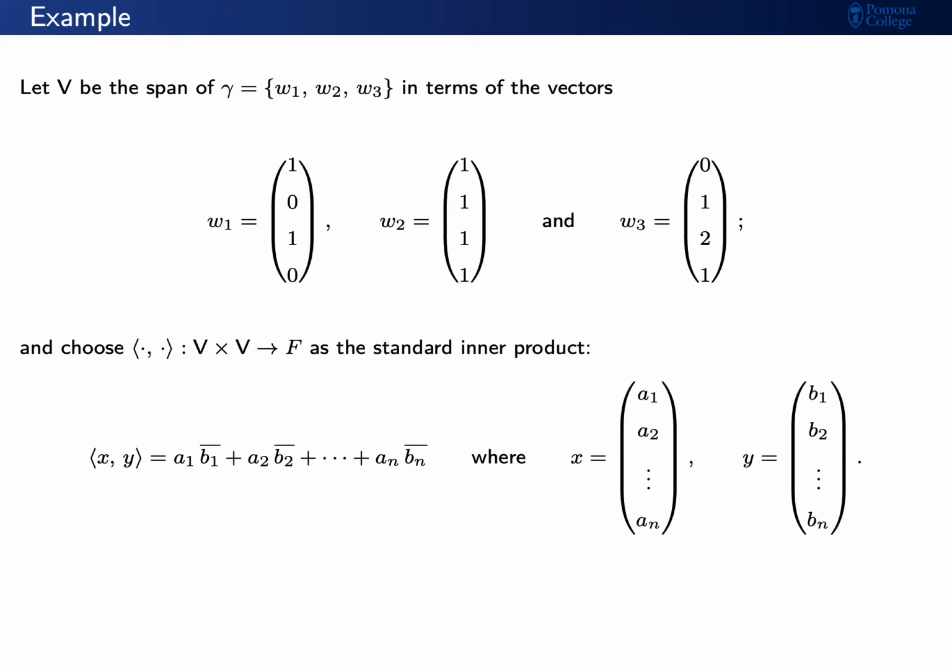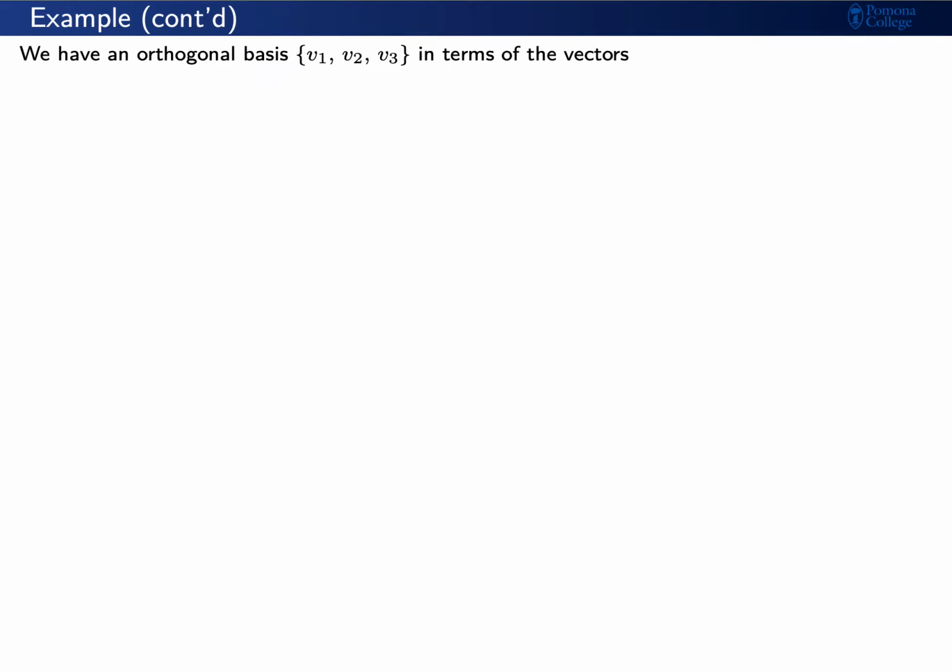Here's a quick example. Let's say that V is the span of the following three vectors in four-dimensional space. We'll choose the angle bracket, our inner product, to be the standard inner product. We'll construct an orthonormal basis beta as follows. First, we construct an orthogonal basis just by using the recursive definition.